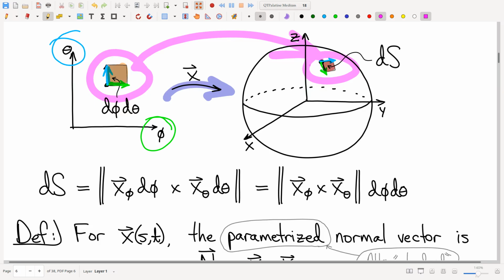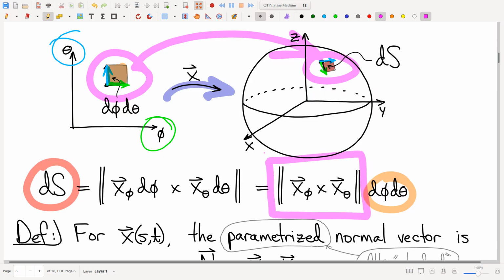So red, this area in the surface relates to this area in the parameter space by way of a stretching factor, and that stretching factor is this formula right here.